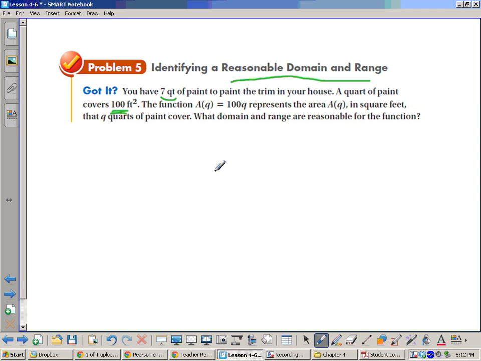So in this situation, a reasonable domain for this problem would be talking about our paint. We have 7 quarts, so that's going to be the most that we're going to be able to use. And then I'm going to write a little inequality here and let Q be in the middle. If you remember, this is just a compound inequality.